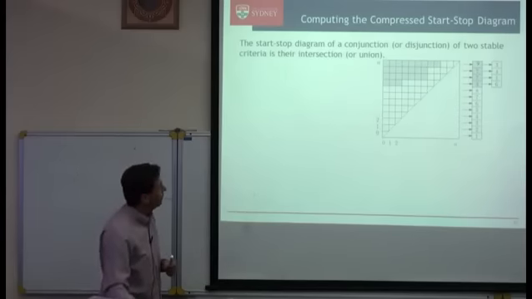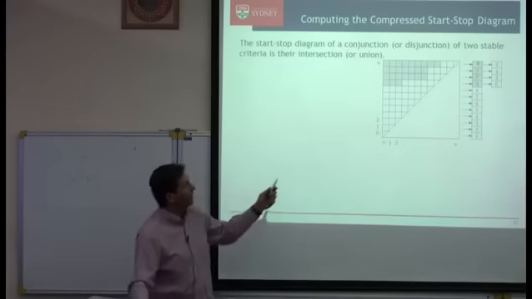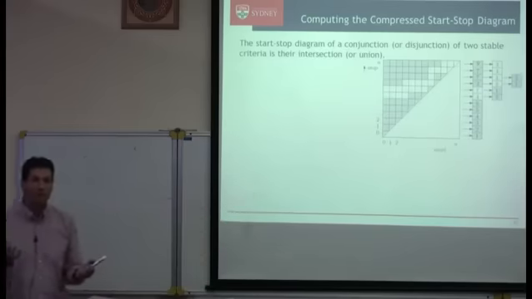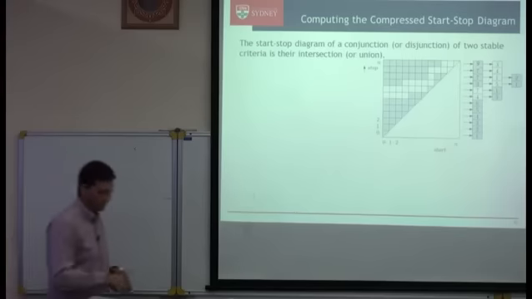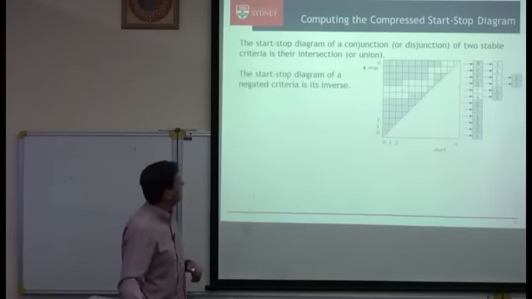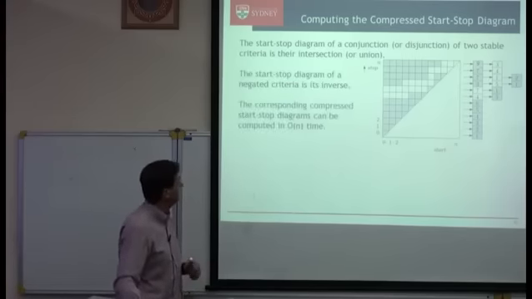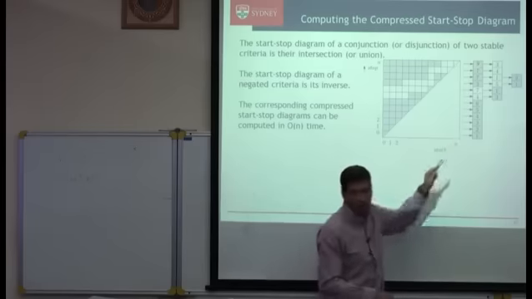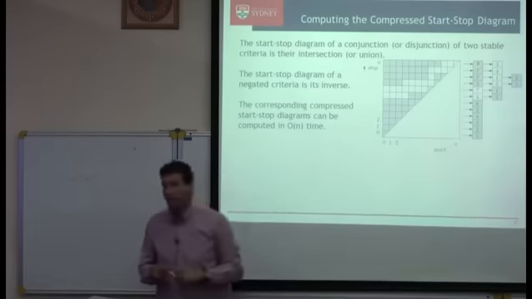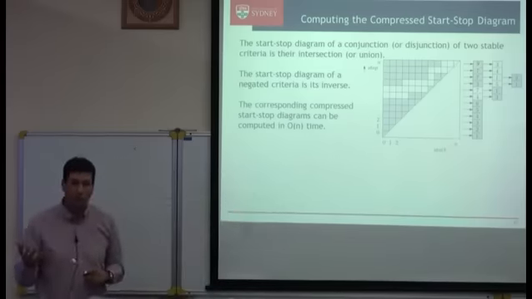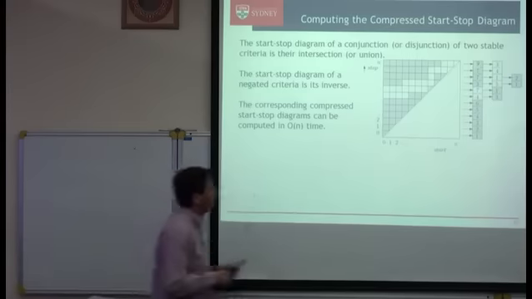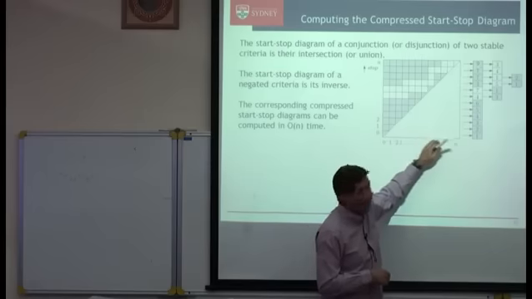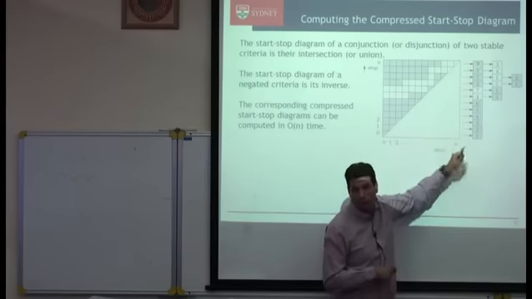So if this is one criterion, and I take the union with the other one, I immediately get the conjunction of both of them. And as I said before, it does not really cost me much to compute the compressed version. I can do that more or less in linear time, so I don't have to compute the whole matrix. I can just store it in a short version.